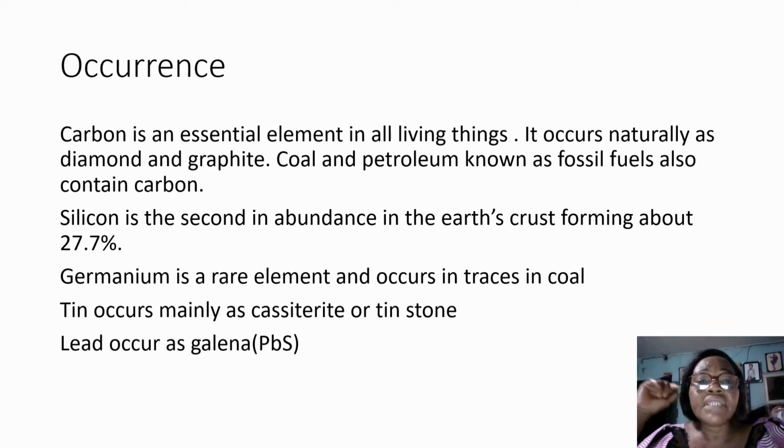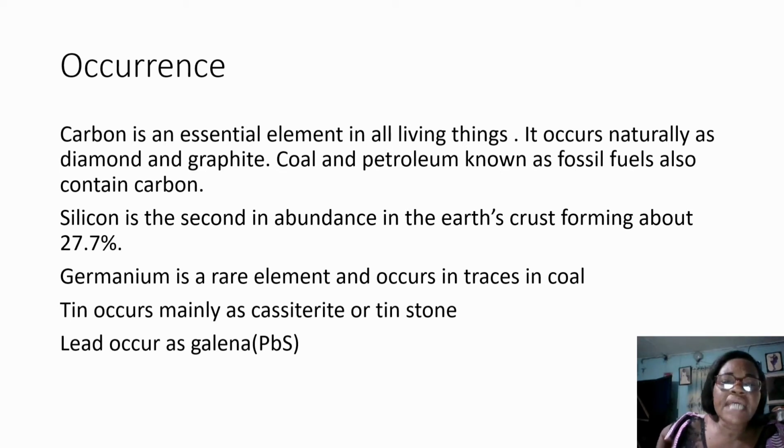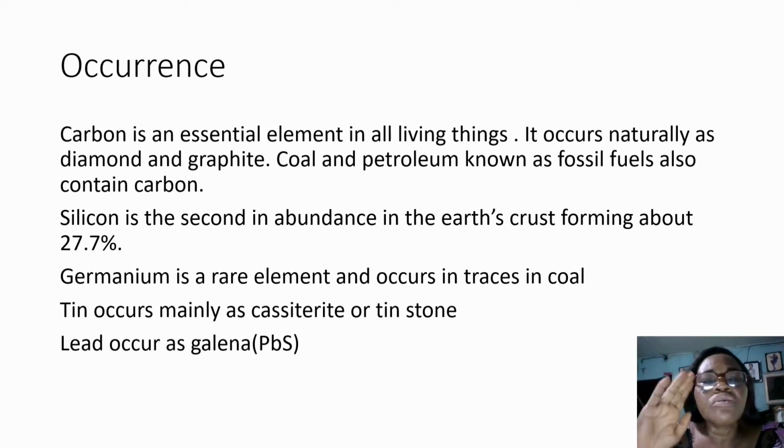Silicon is second in abundance in the Earth's crust, forming about 27.7%. Germanium is a rare element and occurs in traces in coal. Tin occurs mainly as cassiterite or tin stone. Lead occurs as galena. These are the elements in group 4: carbon, silicon, germanium, tin, lead.